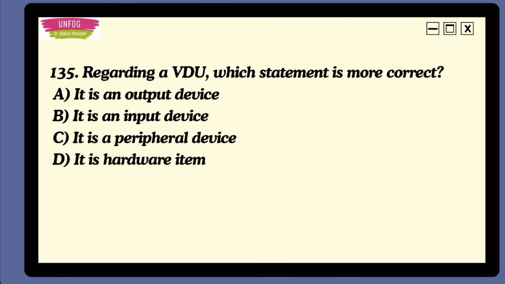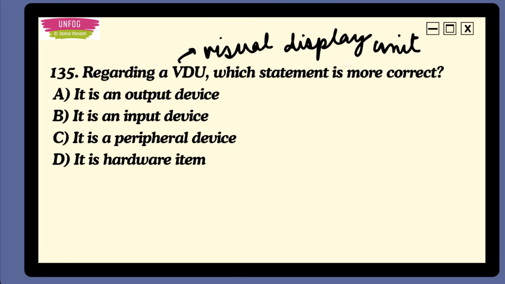So your next question is regarding a VDU, which statement is more correct? Firstly, what is a VDU? VDU means visual display unit. Okay, so it is asking that which statement is more correct.